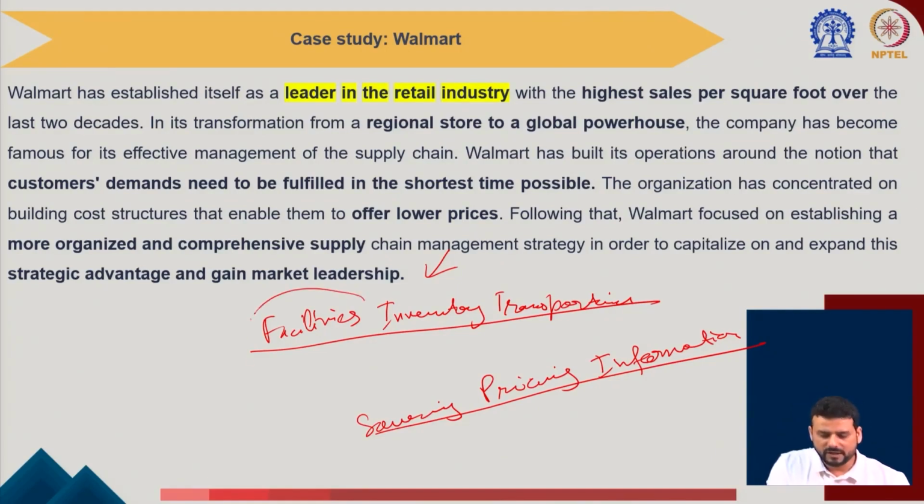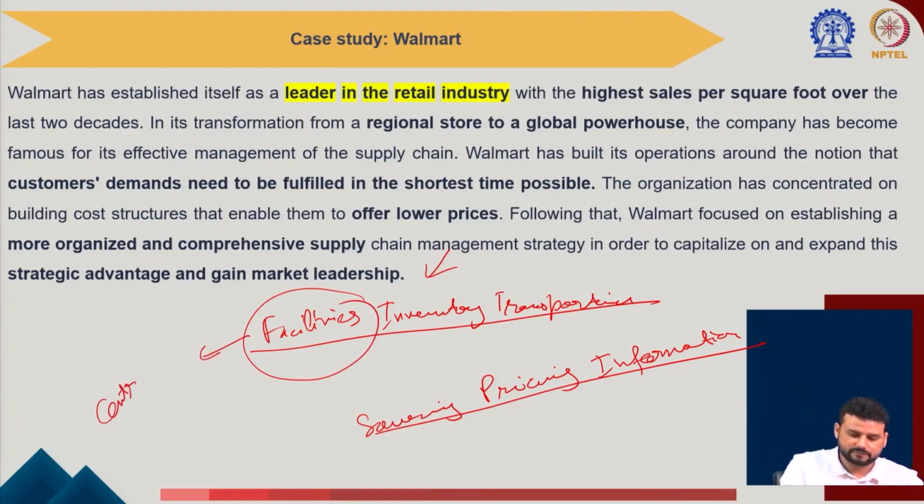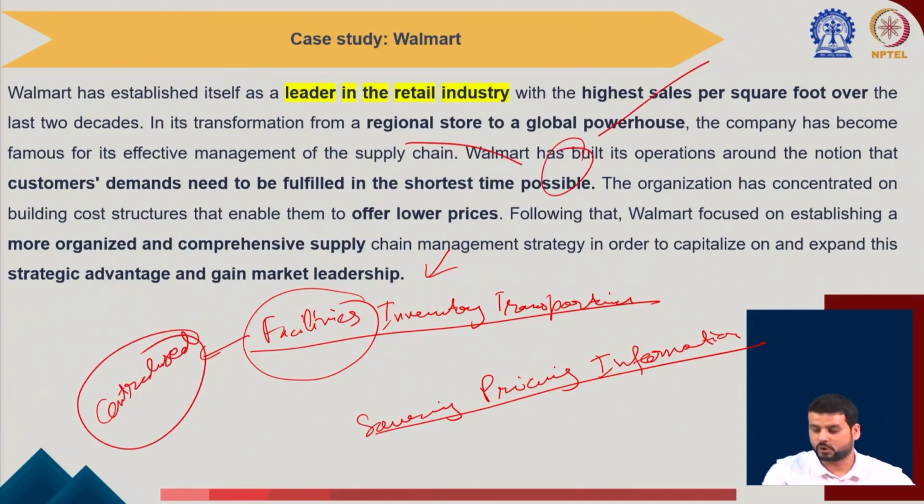So what they are doing with the facilities and inventory, they are having centralized distribution centers. Now we have discussed that when you are having centralized stores, you are not keeping inventory at multiple locations, rather you are keeping inventory at one location, so inventory cost is minimized, right.